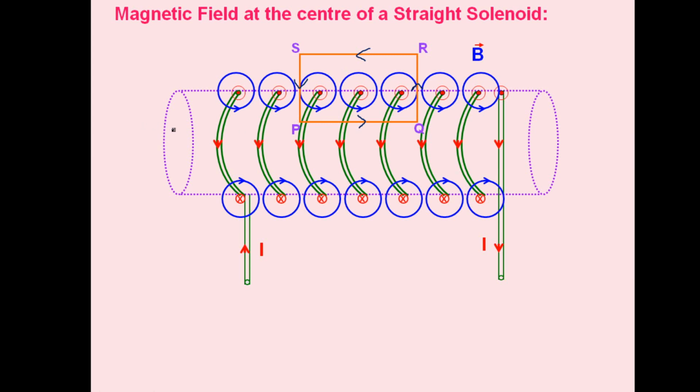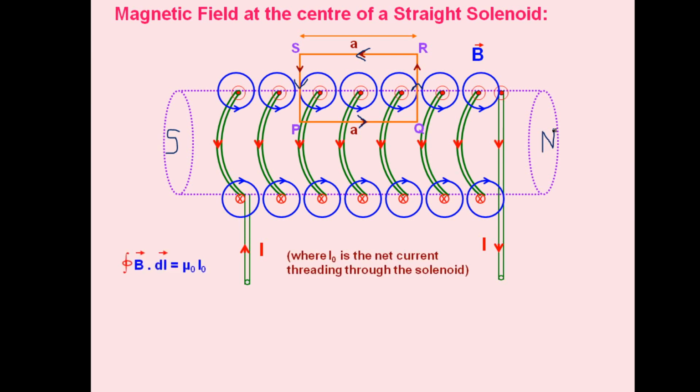So the direction of the magnetic field: this end is south, this end is north, and the magnetic field direction is always south to north inside the magnet. The length of the closed path is A, and before this, let's draw the direction of the magnetic field here.